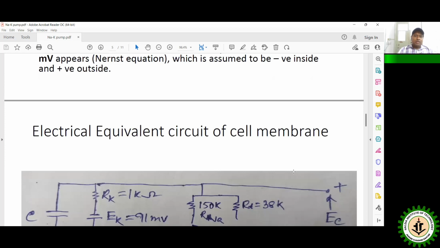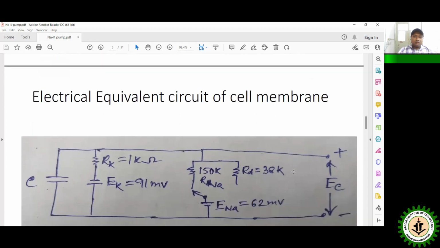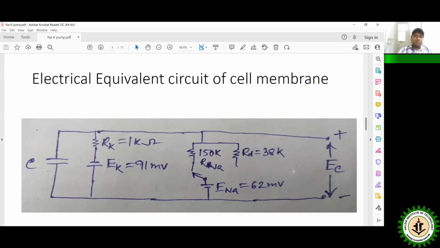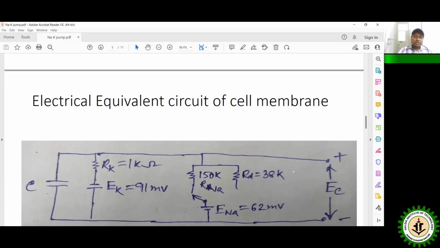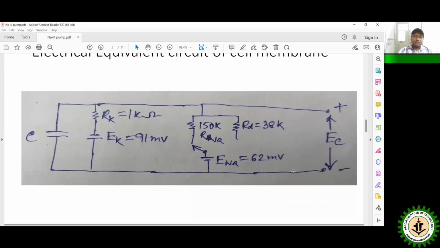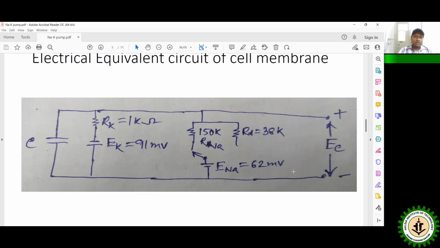Now we have tried to make an electrical equivalent circuit of the cell membrane, which is semi-permeable in nature. So this is the circuit. We have tried to draw one circuit which is the electrical equivalent of the cell membrane. In this circuit, I have shown a capacitor. Rk is the resistance, which is 1 kilo ohm.